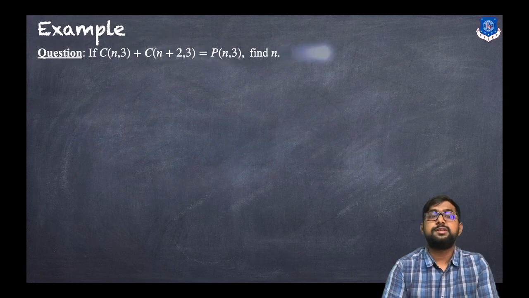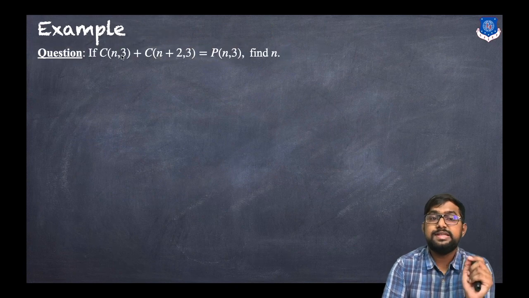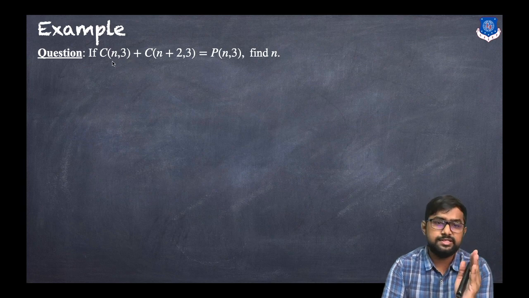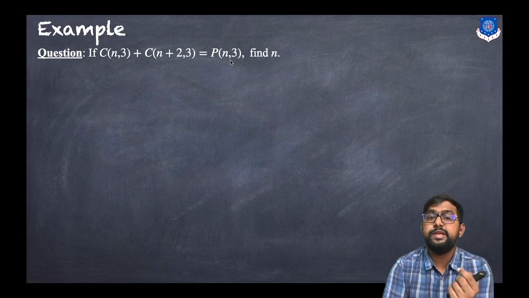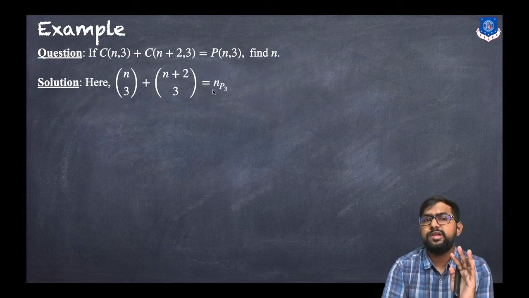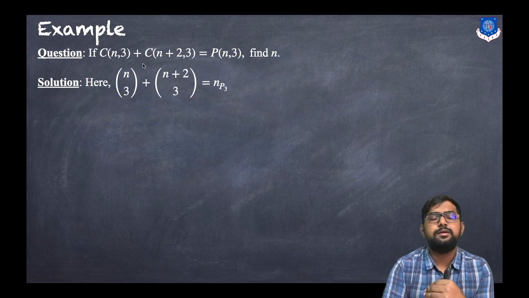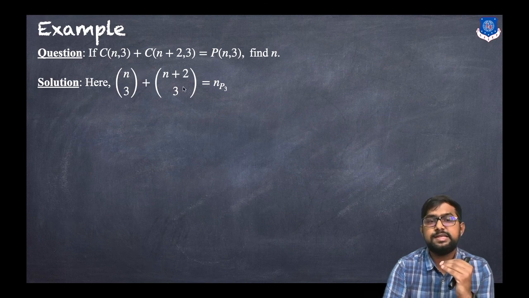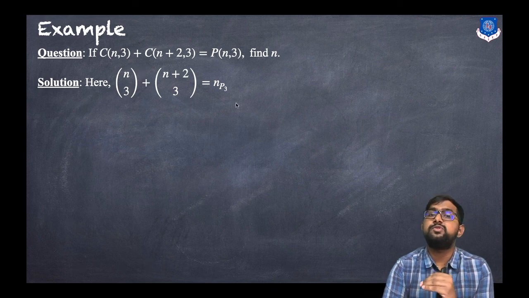The question is, if nC3 plus (n plus 2)C3 equals nP3, then find n. This type of example can be asked. Here we are just writing in a simpler form: nC3 plus (n plus 2)C3 equals nP3.